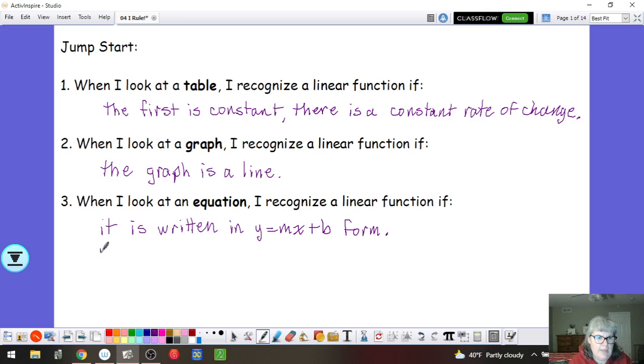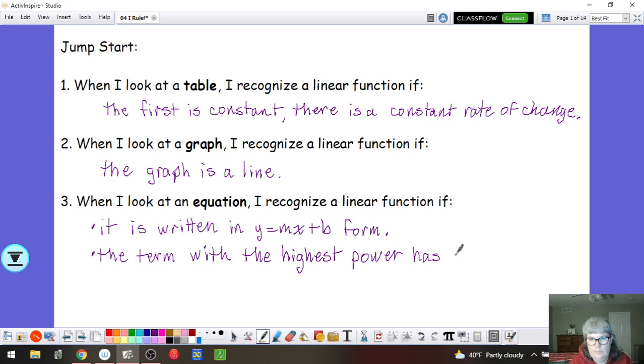The term with the highest power has x. So you don't want any exponents on your x in your equation for it to be linear. So these are some things that were mentioned by students in class.